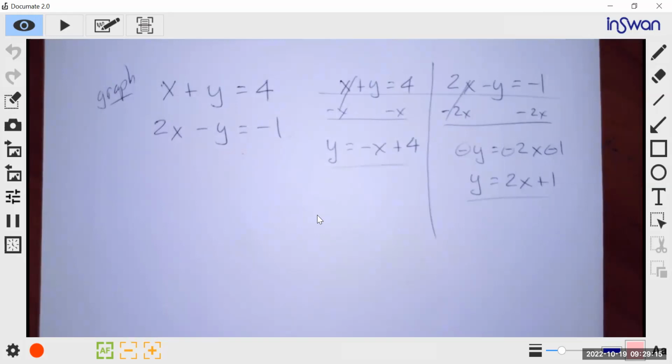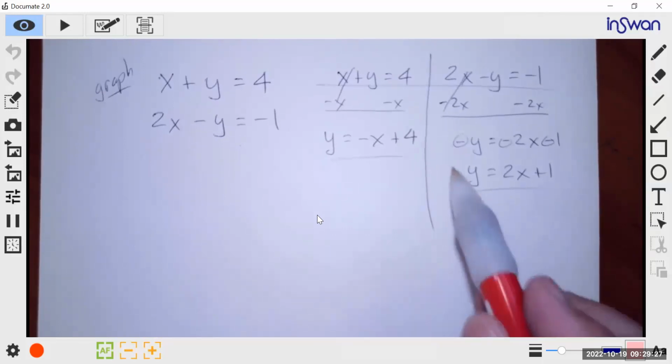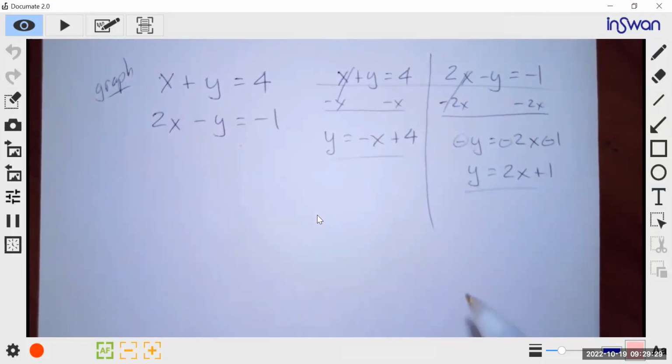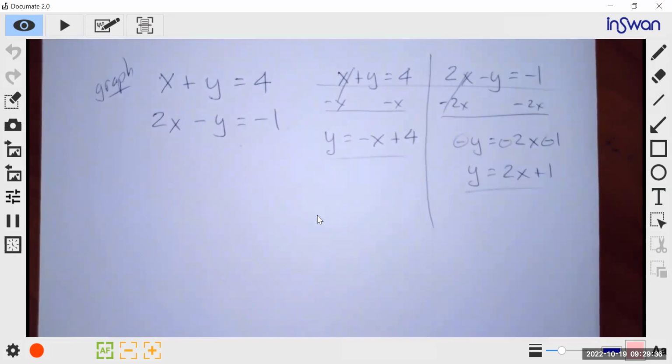You have to. y has to be by itself. Cannot have anything in front of it. You're solving for y, not negative y. Because that means there's actually a -1 in front of it, same as -5 or -7 is still a coefficient. You have to have a +1.